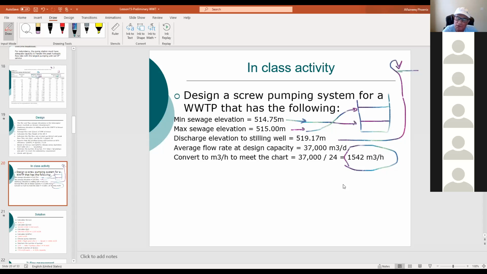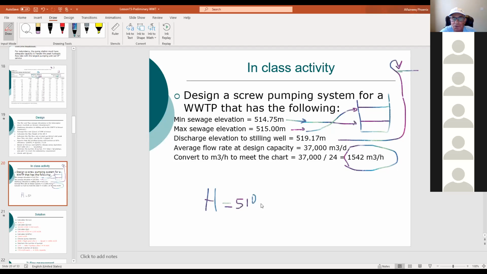What do you think? What's the first thing you can calculate here? H. And it equals? Discharge elevation to the splitter minus minimum sewage elevation. Yes, using the minimum. So that's your 519.7.